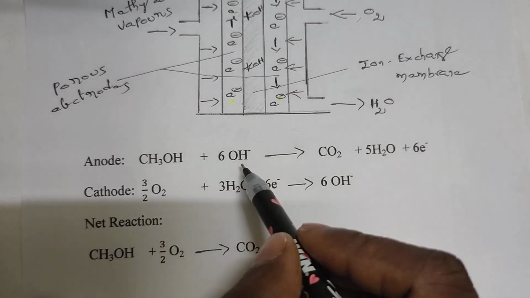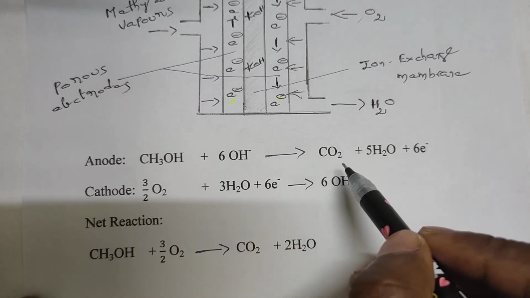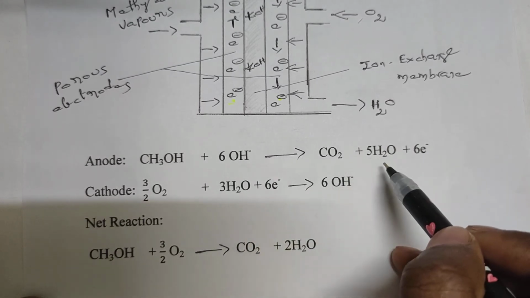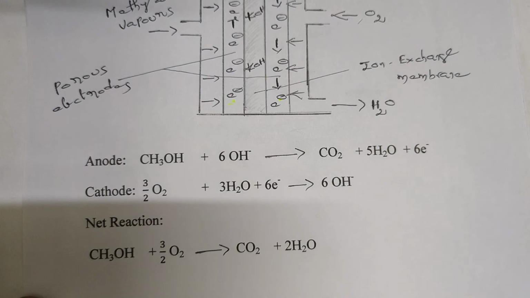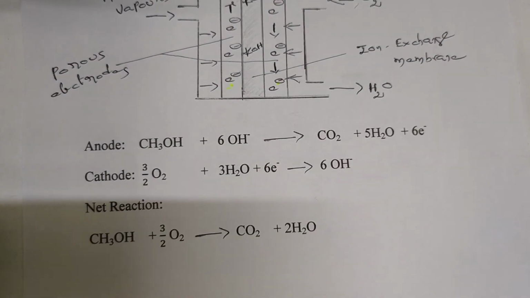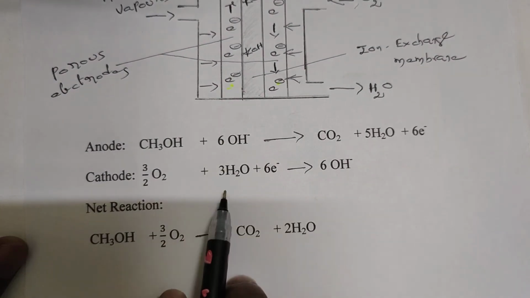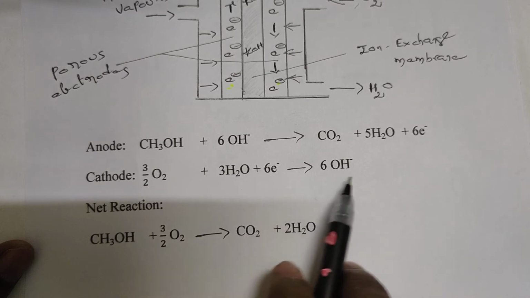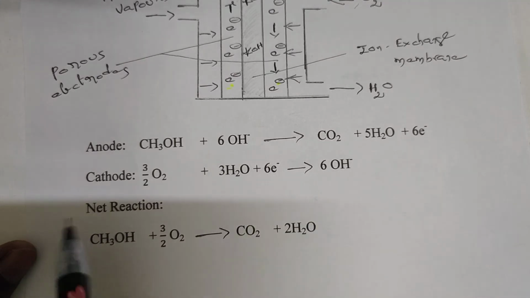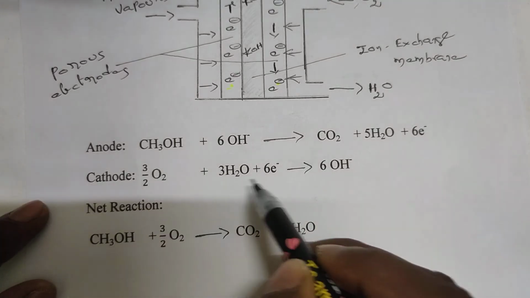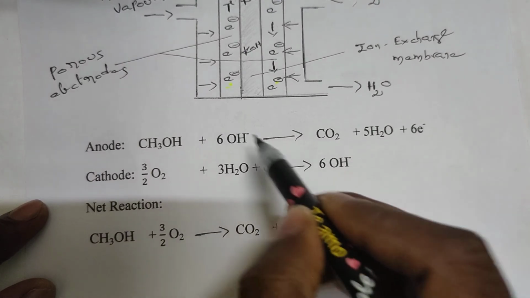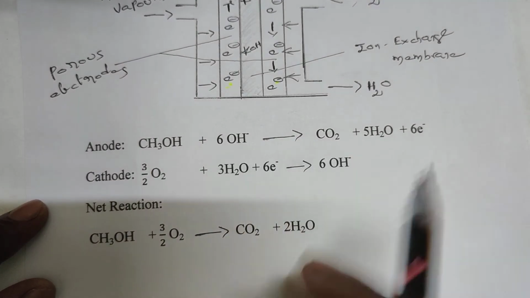So CH3OH plus 6OH minus gives CO2 plus 5H2O plus 6 electrons. At the cathode, 3 by 2 O2 plus 3H2O plus 6 electrons gives 6OH minus.